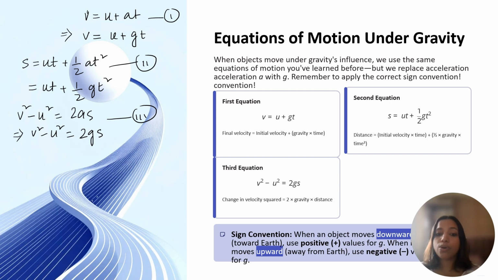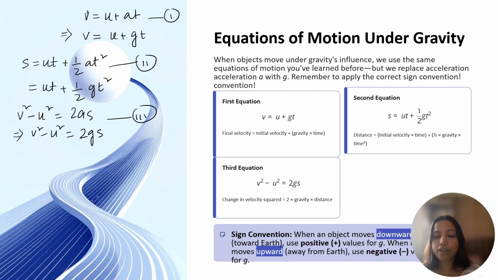That time we have to consider that acceleration due to gravity as negative. So if any numerical question comes, and any object is going in the upward direction, in every equation you have to put minus of g. So this sign convention is very important to learn while you're doing any kind of numericals from this equation of motion under gravity.